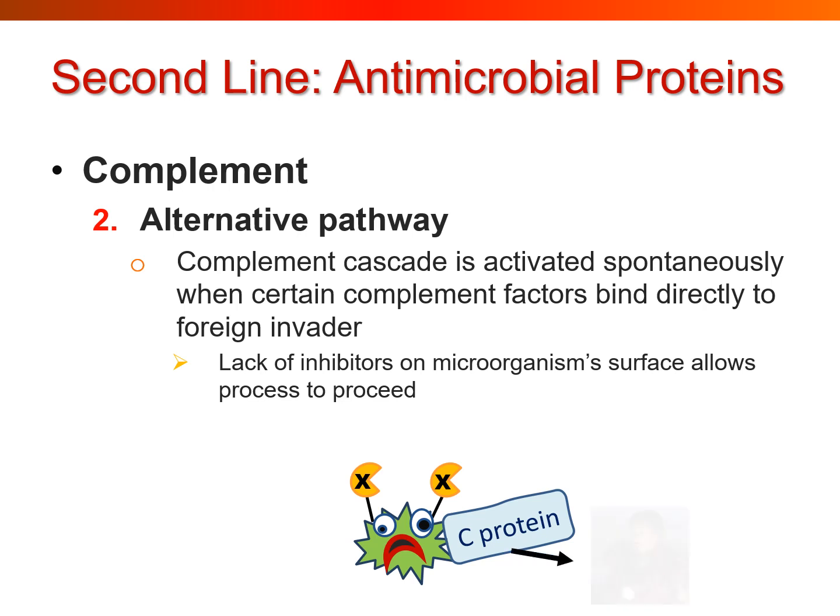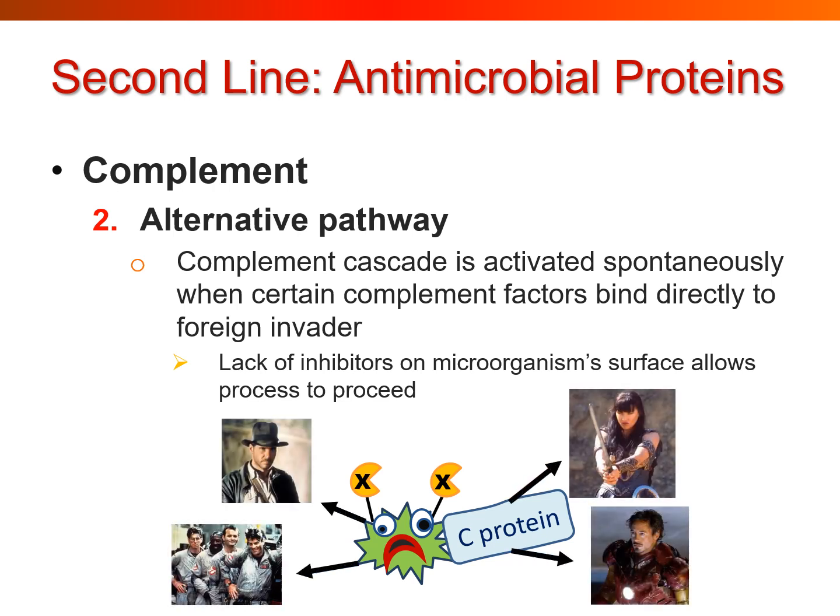And then we're just going to proceed down the same pathway and call the same players in. So we have two ways to start, but we're basically going to finish the same way, regardless of which starting mechanism we use. Whether we have the antibody and the complement protein together, or just a complement protein, the end effect is the same.